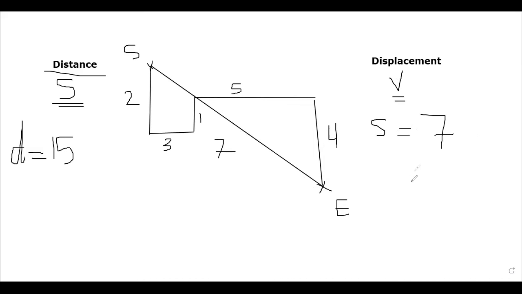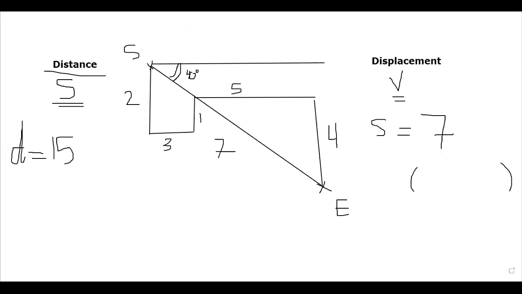Then I need a direction. You can use bearing, you can use angles. So if I assumed there is a straight horizontal line like this, and then I measured the angle between this line and the line of direction, let's say it came out to be 40 degrees, for example.